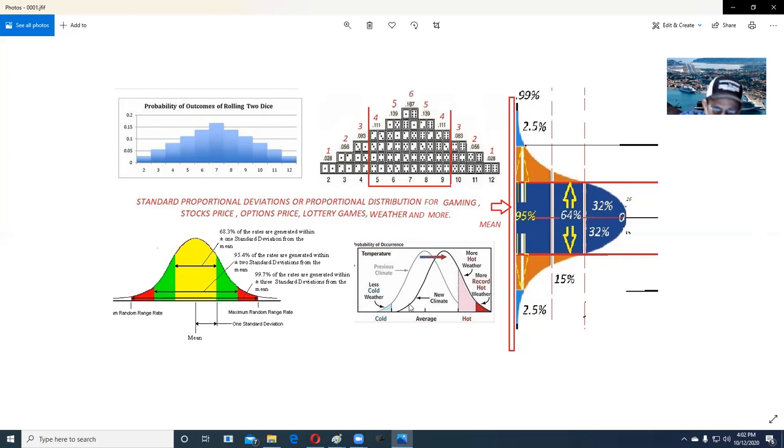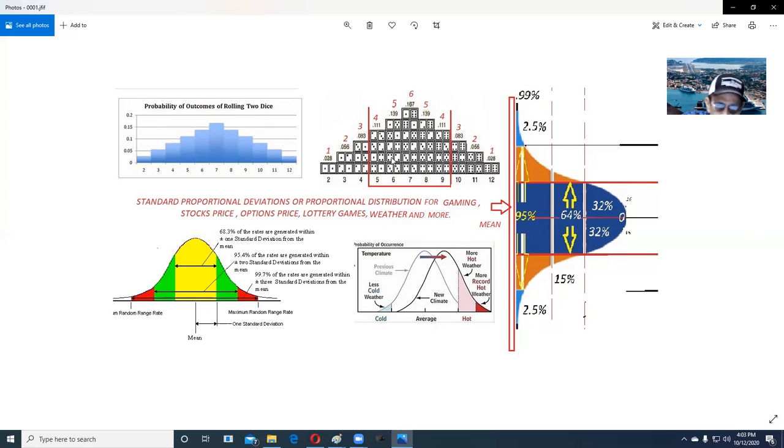Normally, things are average. When we apply the same rule to a game of dice, we find out that the number 7 can be made 6 ways, and that's the maximum. So that's the top of the curve right here. Then the 68% falls someplace in here. Over here they have 68.3. We don't want to exaggerate. For a stock, we use about 64%.